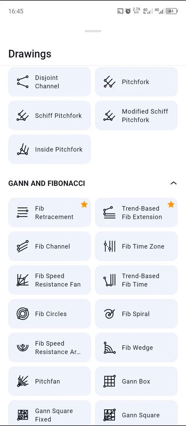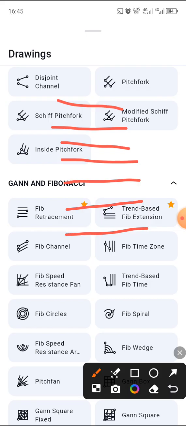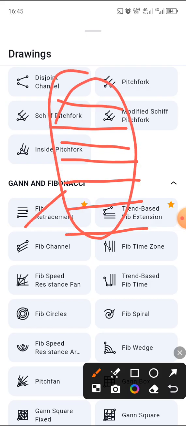The fib retracement comes with a number of lines, but in accordance to the history. You can use it in two ways.